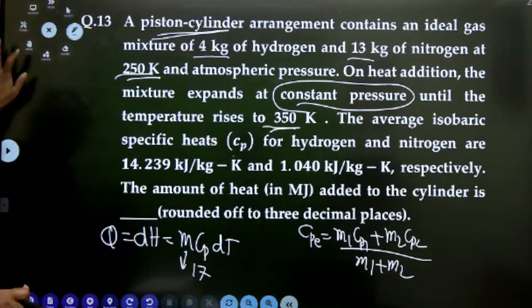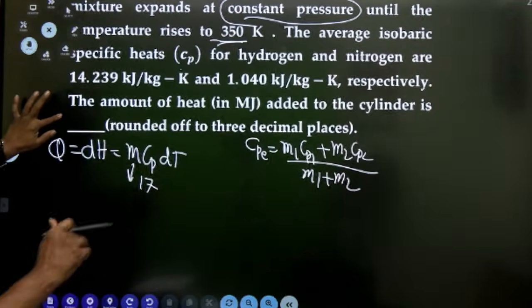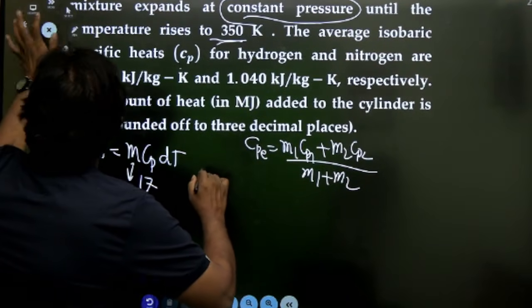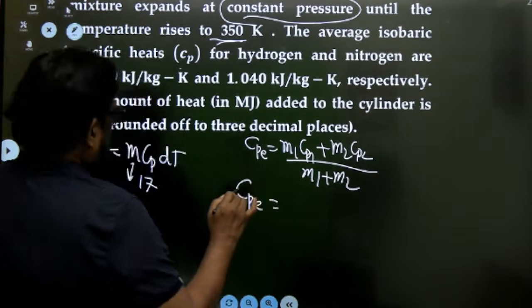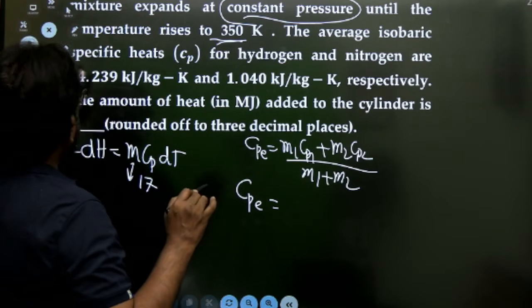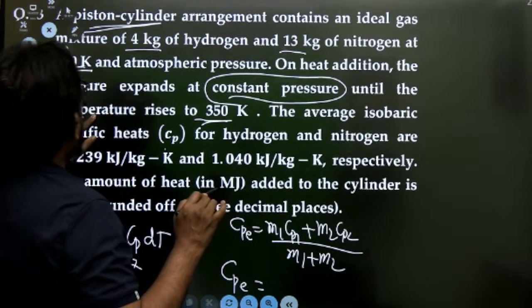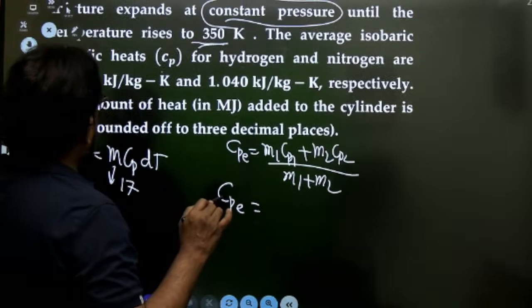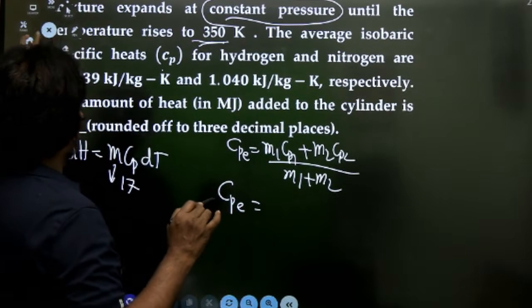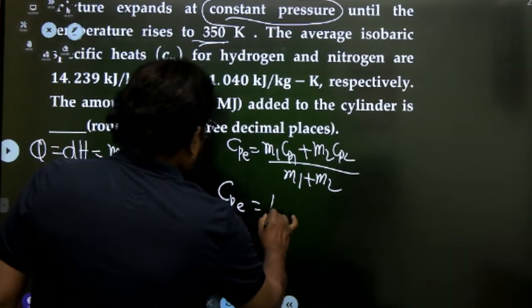So the equivalent specific heat is given by: 4 kg hydrogen, 13 kg nitrogen.